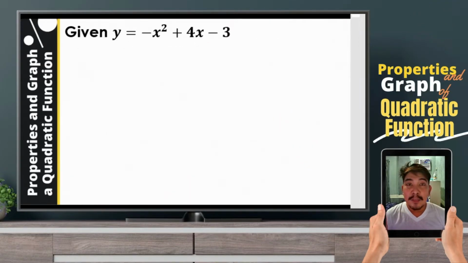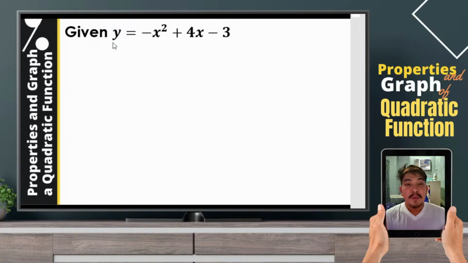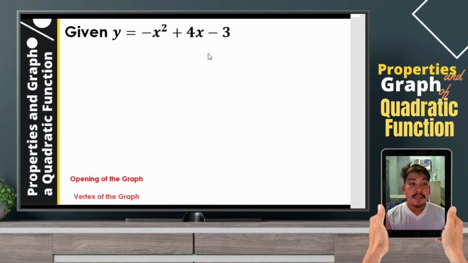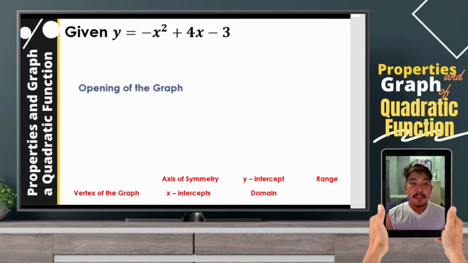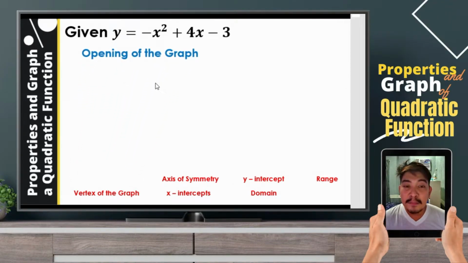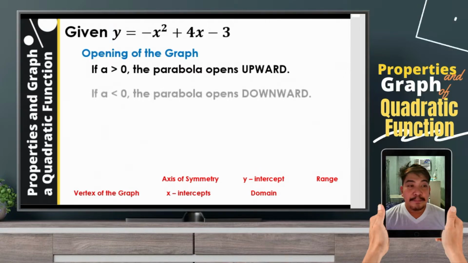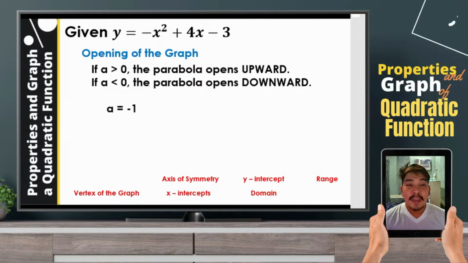So let us now determine the properties and the graph of this quadratic function. We are given y = -x² + 4x - 3. So let us determine the opening of the graph for this one. The opening of the graph is determined by the value of a. If the value of a is positive, it opens upward.